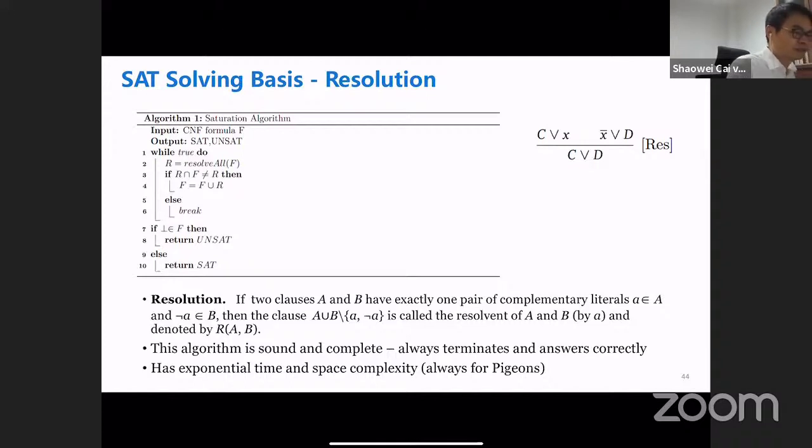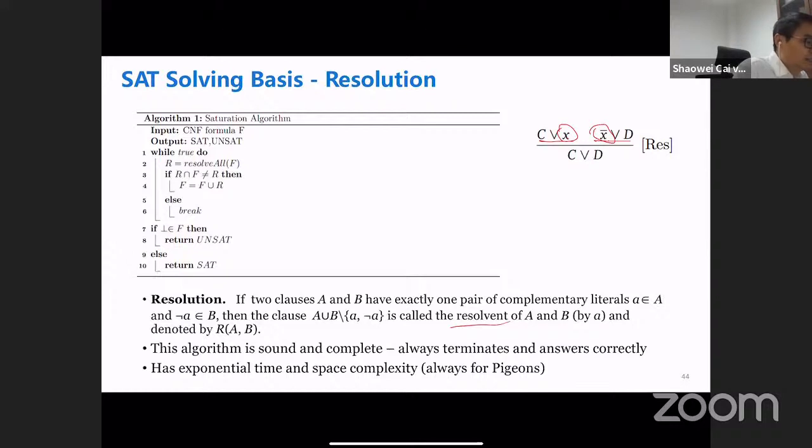Resolution says that if we have two clauses which have exactly one pair of complementary literals, here positive x and no x, then these two clauses imply a new clause, called a resolvent of the clauses, which is the disjunction of the two original clauses except the pair of complementary literals.